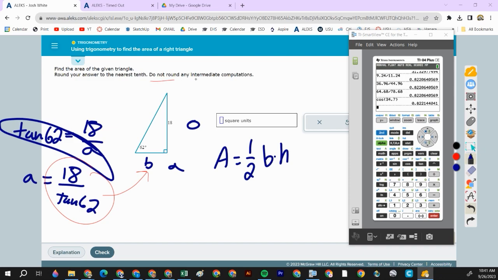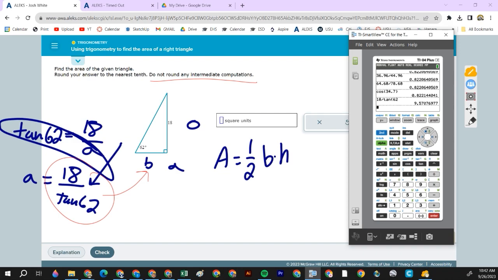Notice this says do not round any intermediate computations. Why would it say that? Yeah, this is going to be a decimal. So 18 divided by the tangent of 62. Should I round that to 9.6?